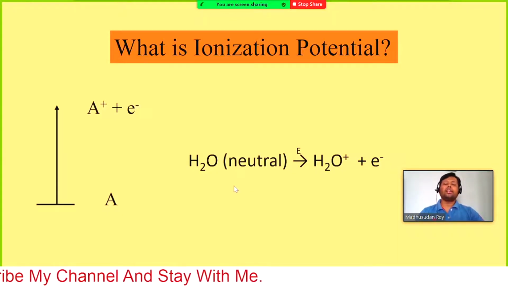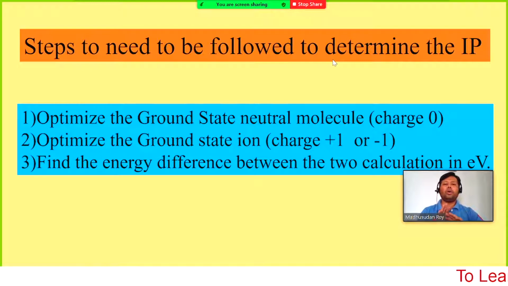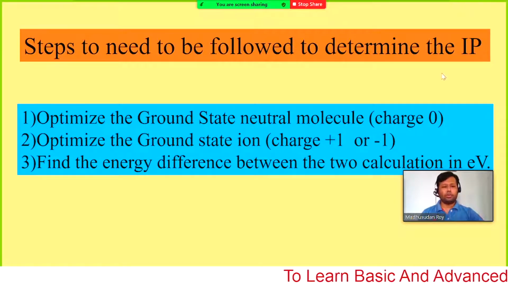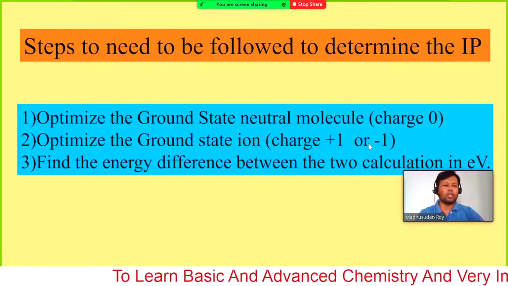So let's find out the steps I have mentioned, the steps to be followed to determine the ionization potential. That is true for all molecules or ions, neutral or atom, whatever. First, optimize the ground state neutral molecule.